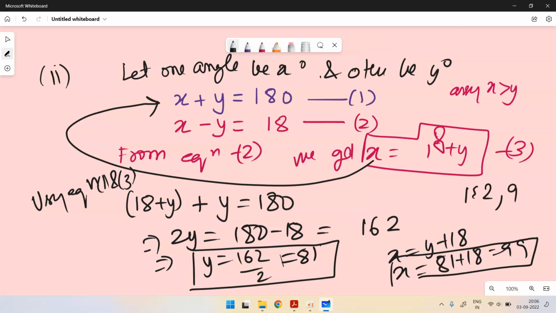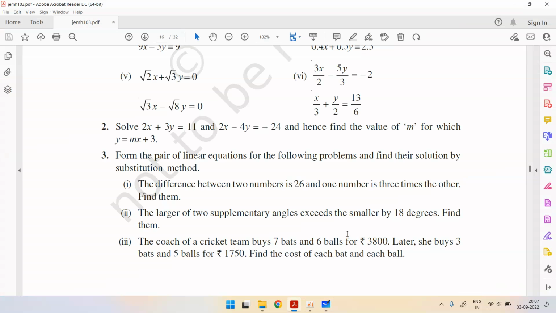Sorry, not 162, the angles are 81 degrees and 99 degrees. I am writing one angle as 81 degrees, and 81 plus 99 is 180 degrees, so 81 and 99 degrees is the answer.